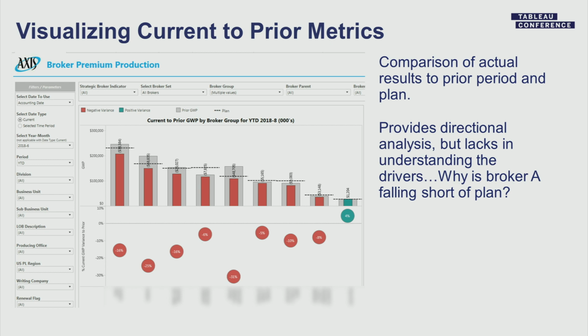But what folks who use this dashboard asked of us is, how do we really get down to the drivers? What they're talking about is the accounts. If results are falling short, are there accounts that we lost, or accounts that we just didn't book yet, to understand what's driving those variances?